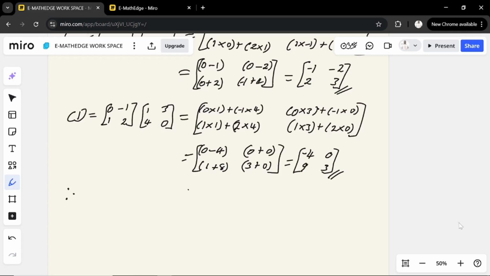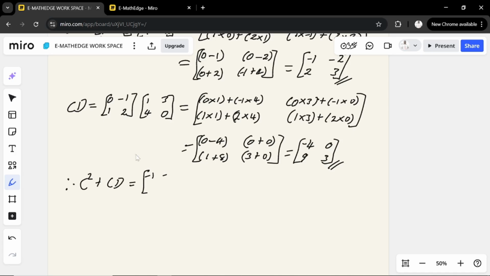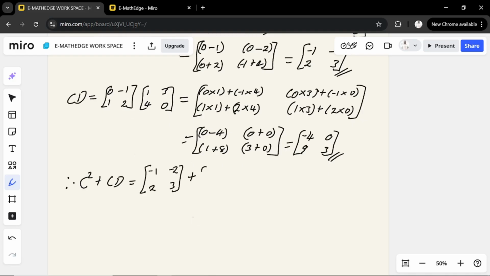Now to further add up, C square plus CD is going to give us negative 1, negative 2, 2, and 3, right? Adding up to CD, which we just obtained to be negative 4, 0, 9, and 3.